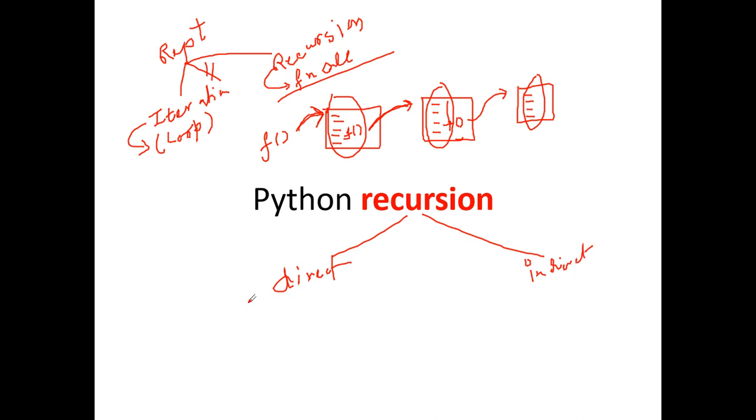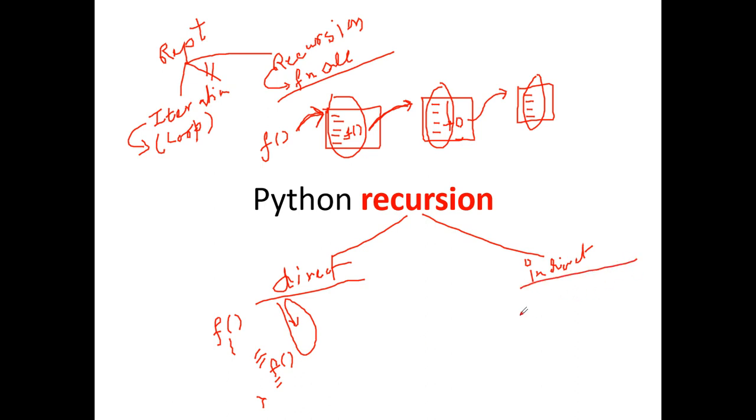Now, what is a direct recursion, and what is an indirect recursion? Direct recursion is when a function calls itself. See, this is a function f, and inside that function you are again calling f. So this function calls itself. This type of recursion is called direct recursion.